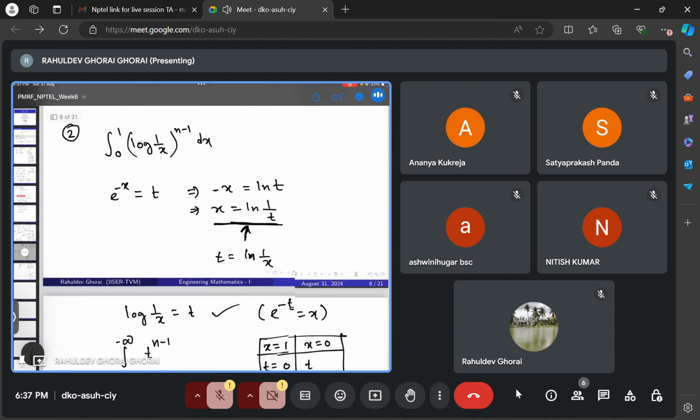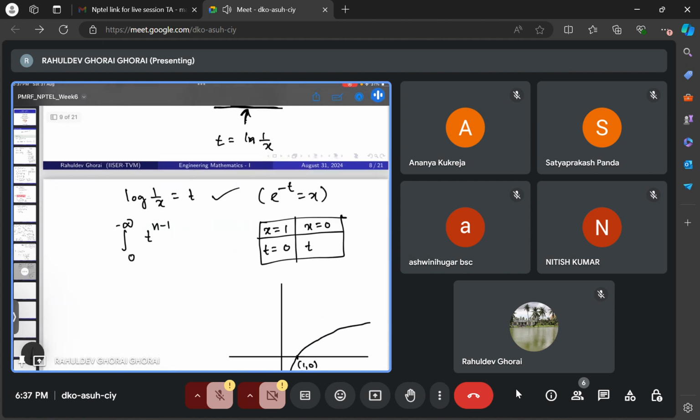What will be dx? When log 1 by x is equal to t, before taking d on both sides, you take x equal to e to the power minus t, right? So that implies dx will be minus of e to the power minus t dt.